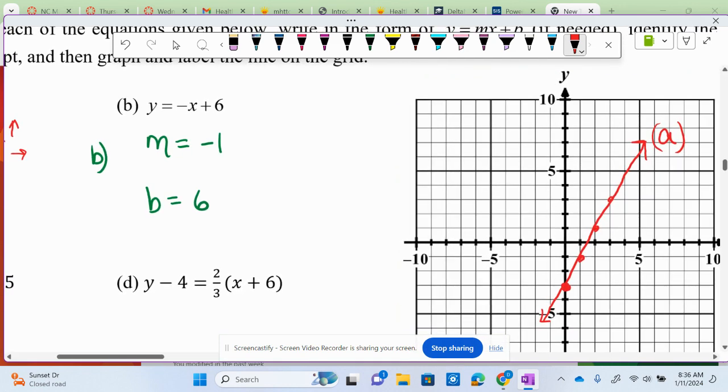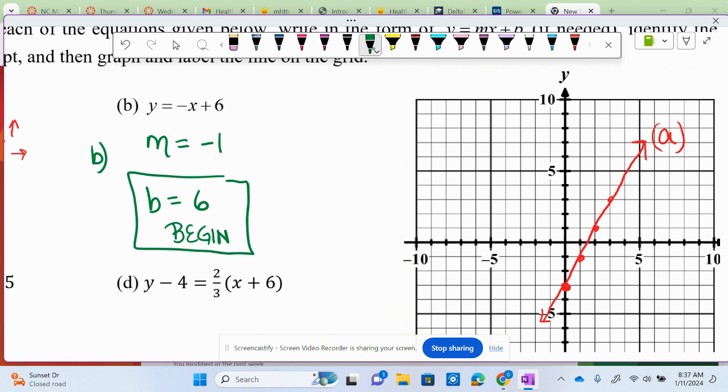Okay. So line B says I begin where? Yeah, I begin at 6 on the y-axis. 1, 2, 3, 4, 5, 6. And then I have to count my slope, and it's -1. I always write my slope as a fraction. So -1 over 1. This negative on top means that I'm going to go down 1, and we always run to the right.